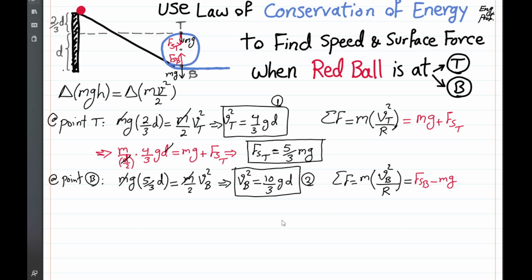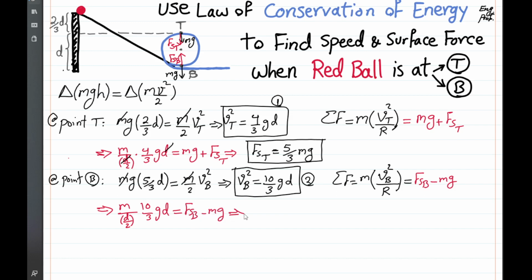In summary, m over d over 2, and then we have v squared B. I'm going to use equation 2 to substitute for v squared at point B, which is 10 over 3 g times d, equal to Fs bottom minus mg.